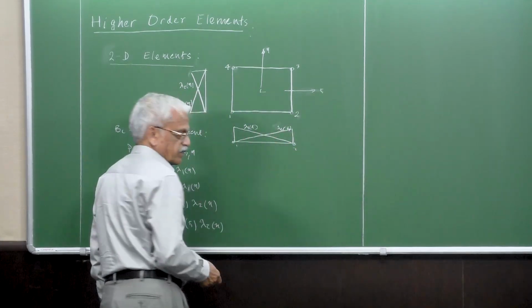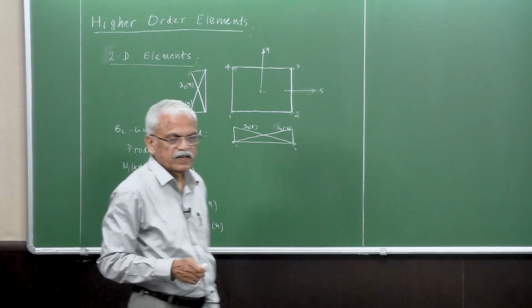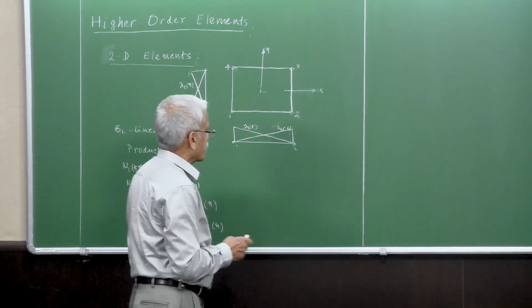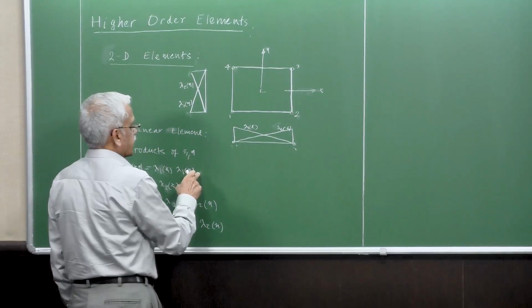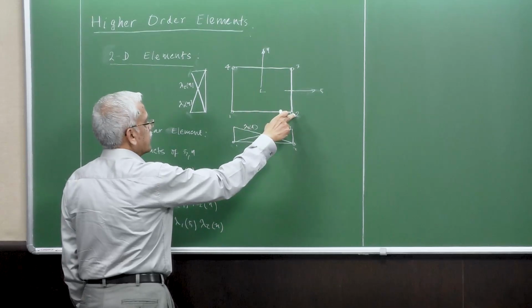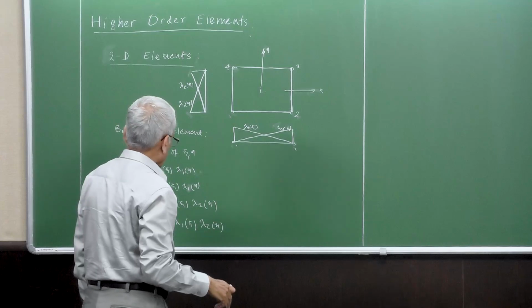These are the properties of the shape functions, where they will have value of unity at that nodal location and 0 at other nodes. Just like here for this lambda 1 eta, it will assume a value of 1 here and 0 here, 0 here and 0 here, and that's how it is.